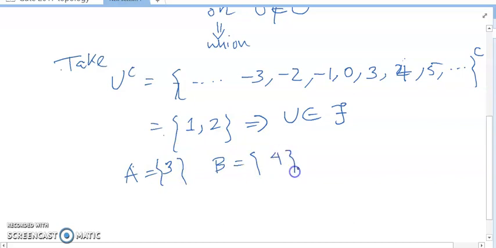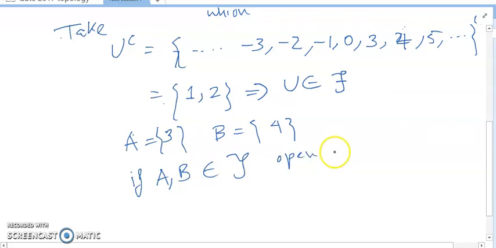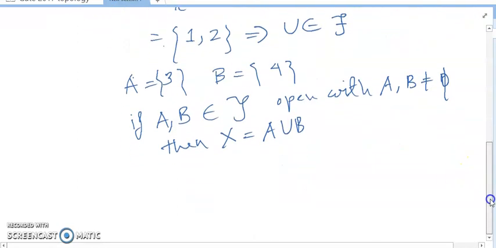We can write now that (X, tau) is disconnected if A, B belong to tau, open sets, and A and B are not equal to phi, then X equals A union B and A intersection B equals phi.